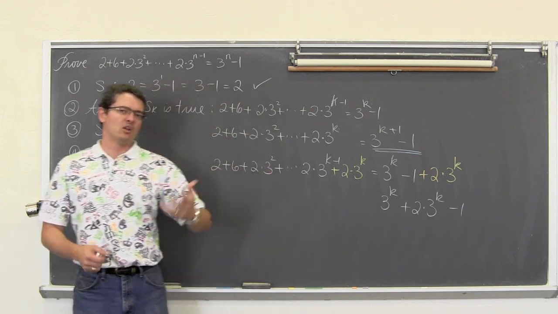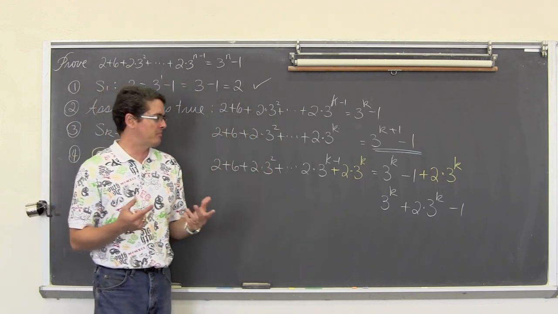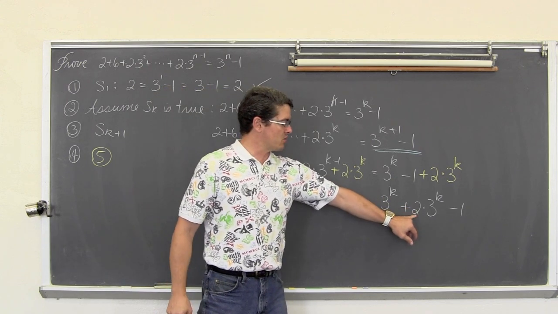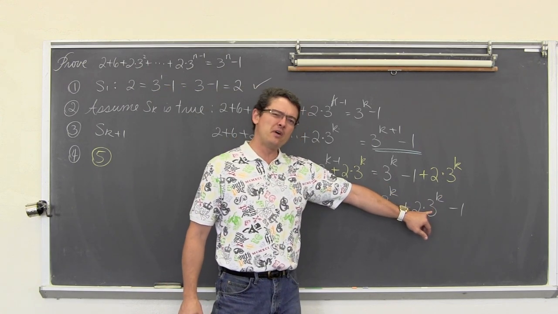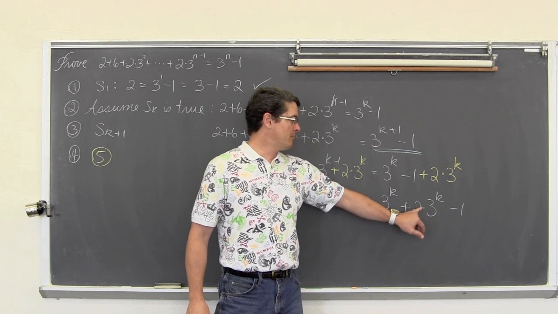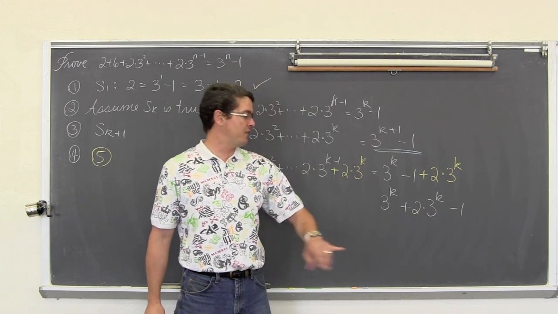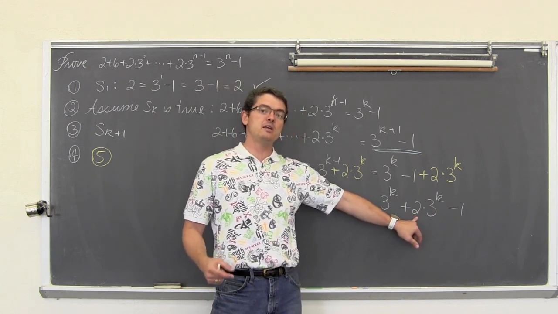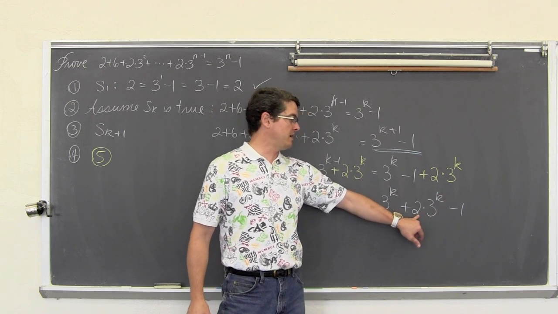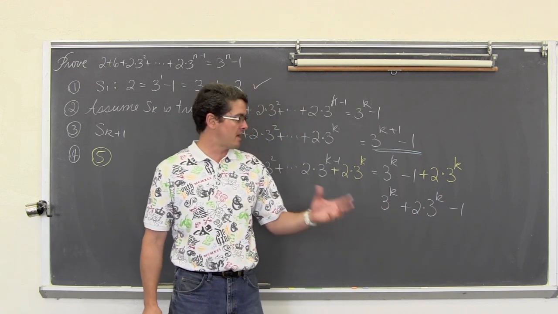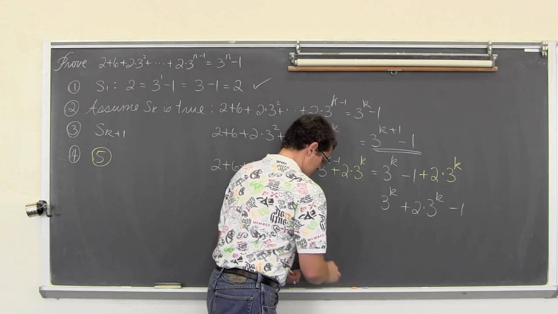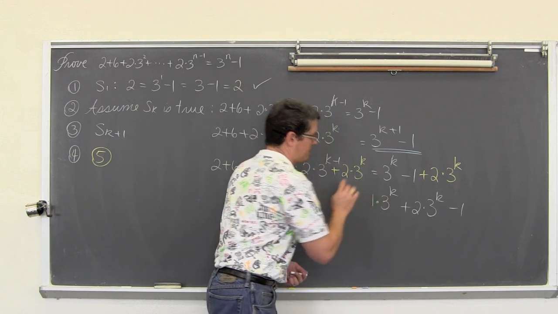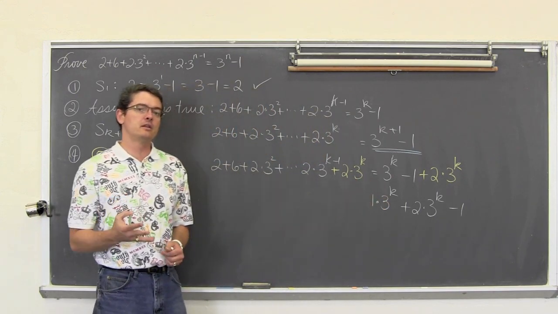I added a little bit to it to attempt to make it more complicated, but I'm giving you sort of a natural hint here that this is a base and an exponent and a base and an exponent. It looks a little funny because I know what the base is, but we still need to deal with that leading coefficient. And this term is letting you see that 3 to the k has a leading coefficient of 2, or there's a multiplication of 2 out front, just like there's a multiplication of 1 in front of this first 3 to the k.